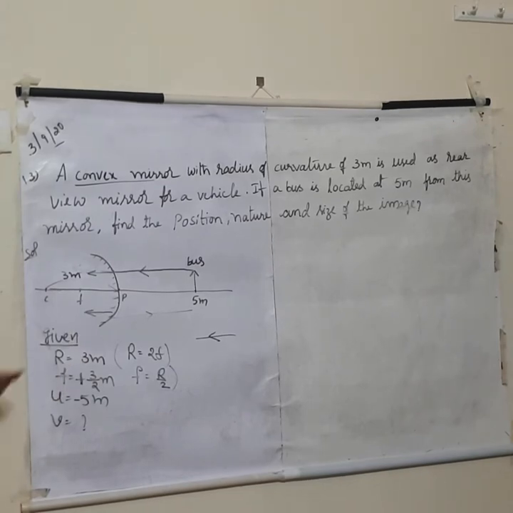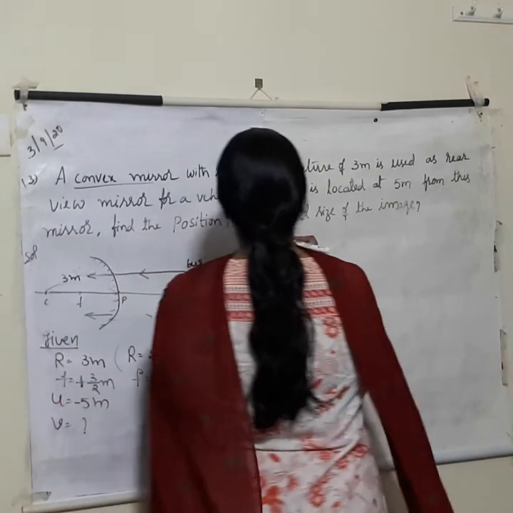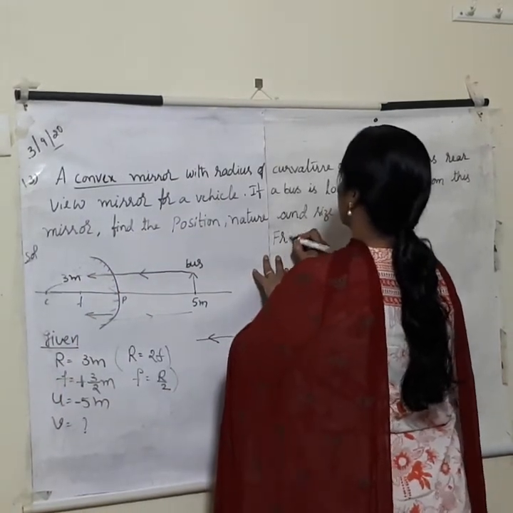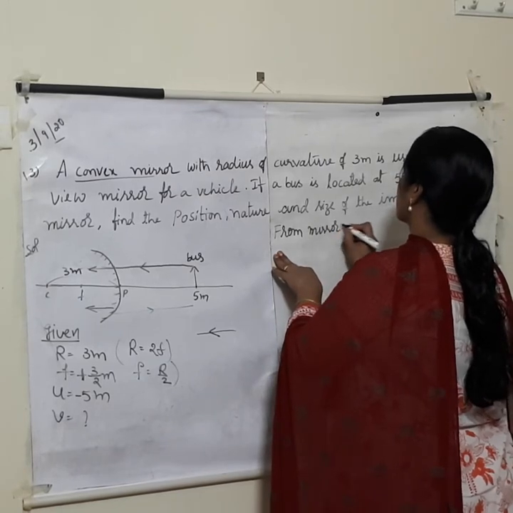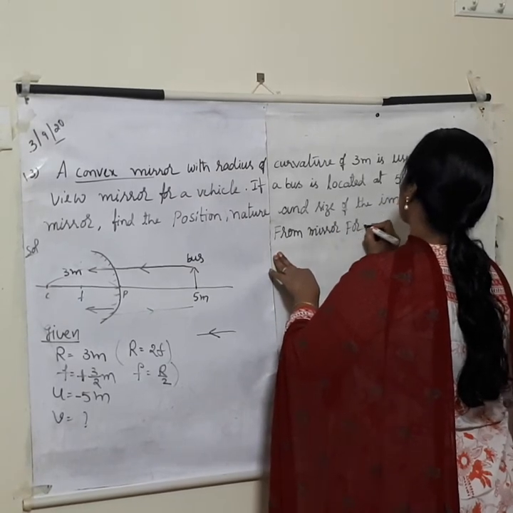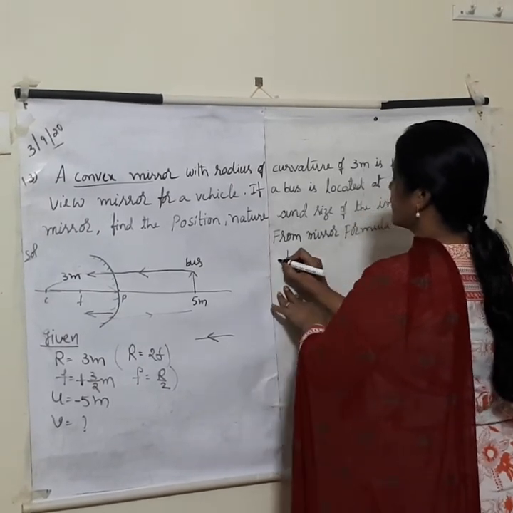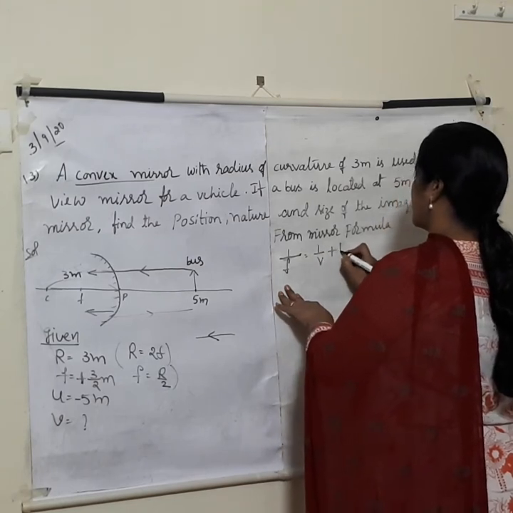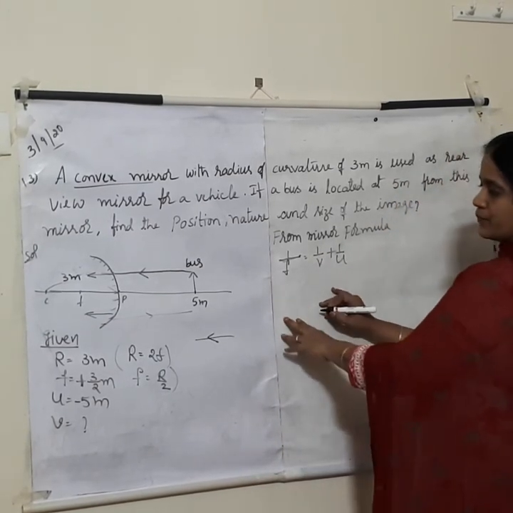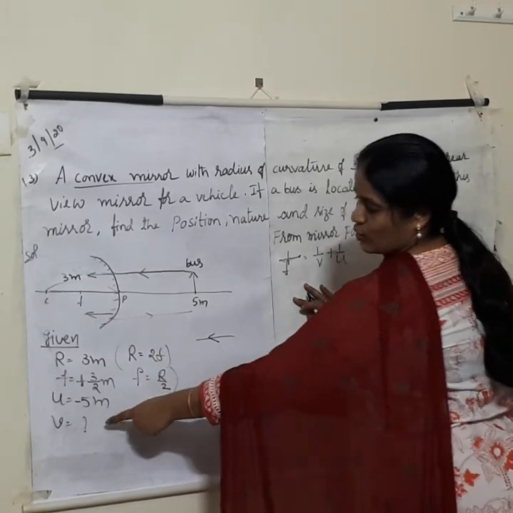Clear? Now substitute these values in the mirror formula. What is the mirror formula? 1 by F is equal to 1 by V plus 1 by U. Here what you must find out is the V value.